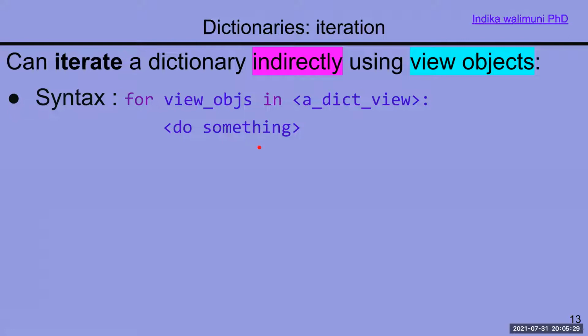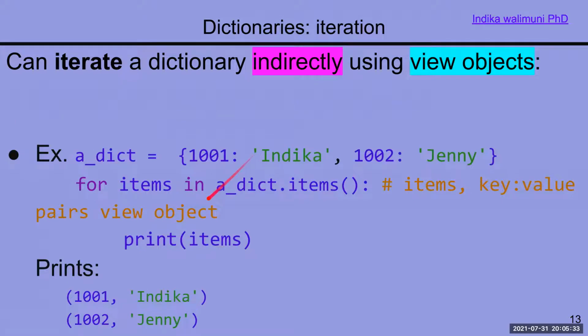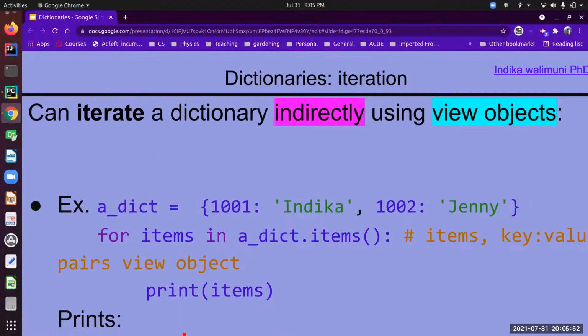All right, so this is an example. For items in here, this is the view object, and this view object returns items, right? In here I'm printing those items, so I'm going to get those 2 items there. Let's check this out real quick.